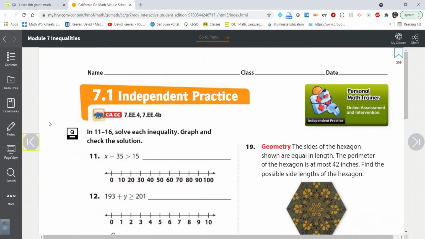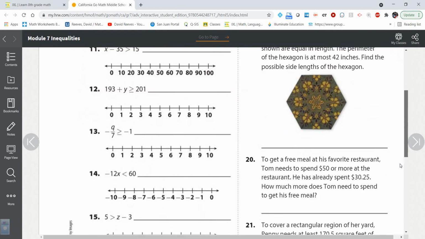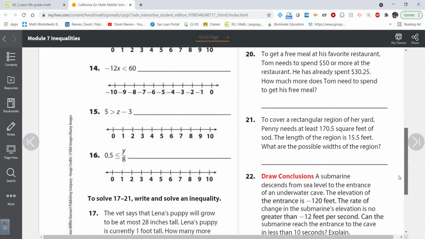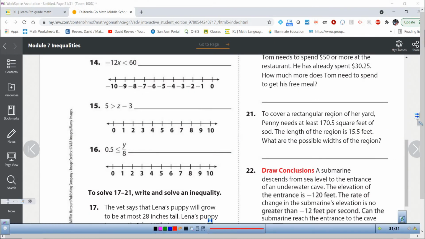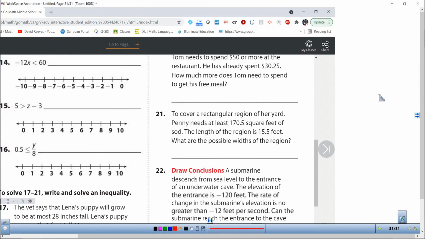What are the possible widths of the region? The area of a rectangle is length times width. And we need it to be at least.